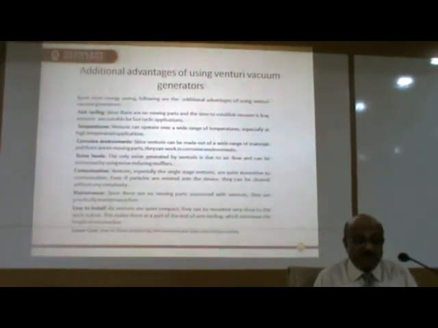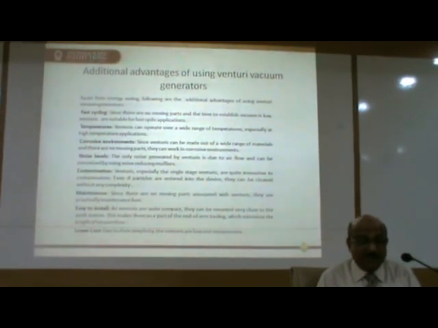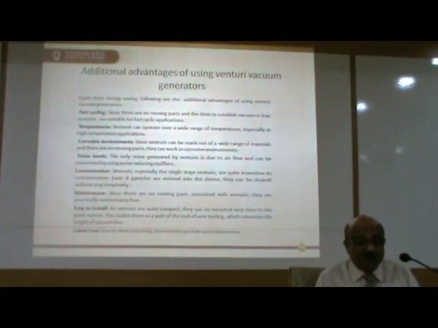Then temperature. Venturis can operate over a wide range of temperatures, especially in high temperature applications. Then you can also use them in corrosive environments, since Venturis can be made out of a wide range of materials and there are no moving parts, they can work in corrosive environments also.